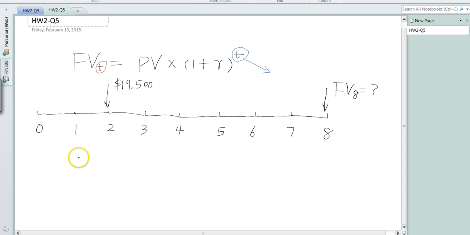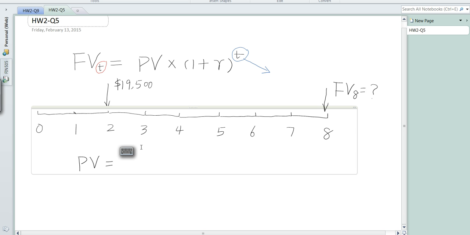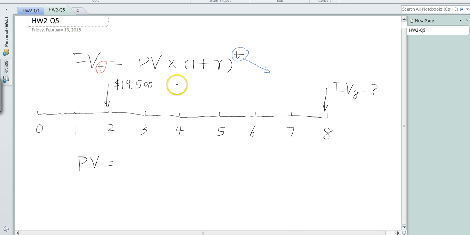We know the present value, what's the present value? Actually, you can see we can use the formula in a very flexible way. In general, present value should be the true present, right?